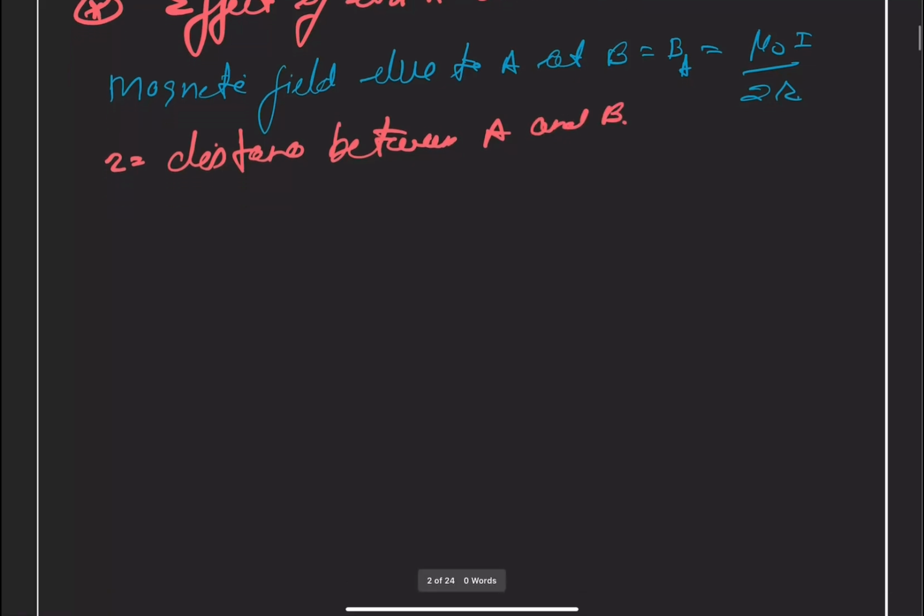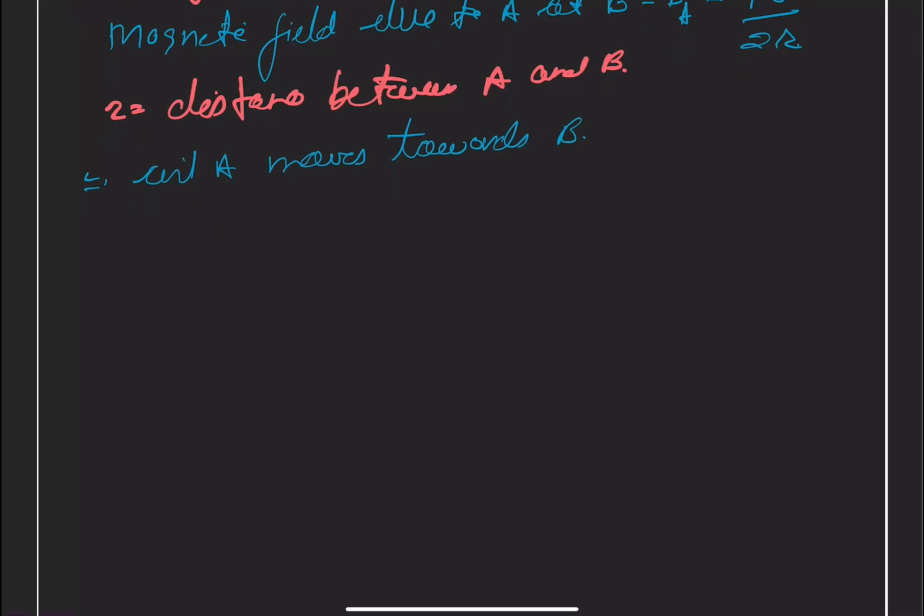Now it is also mentioned that coil A moves towards B. So therefore this distance R will be decreasing.